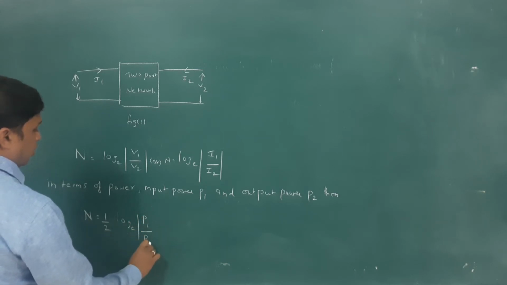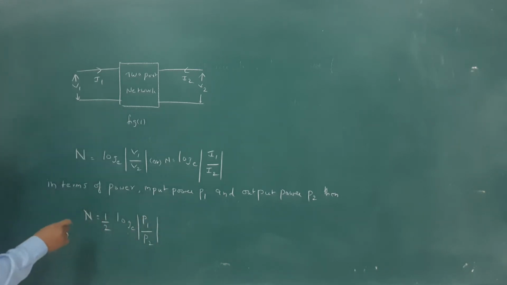This is the expression of the Neper in terms of power. In terms of power it is expressed as 1 by 2 logarithm base e P1 by P2.